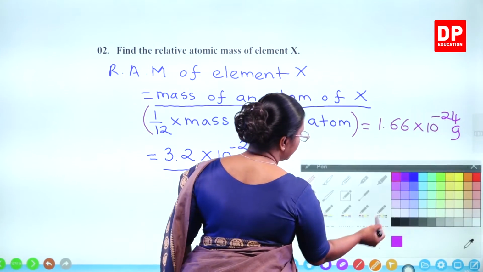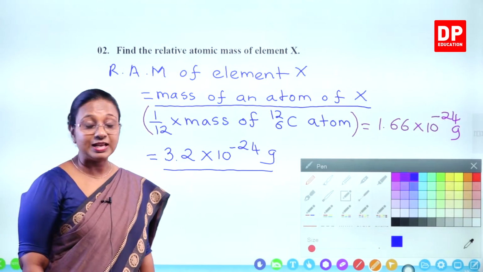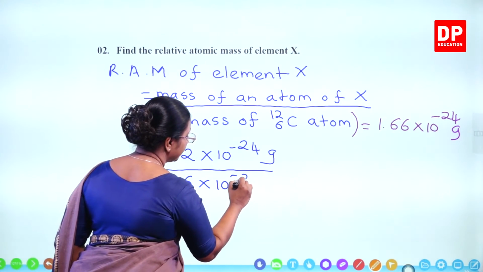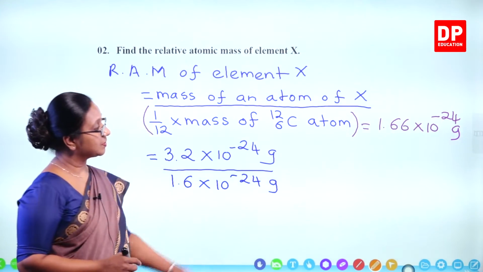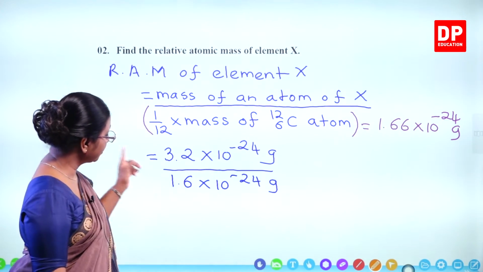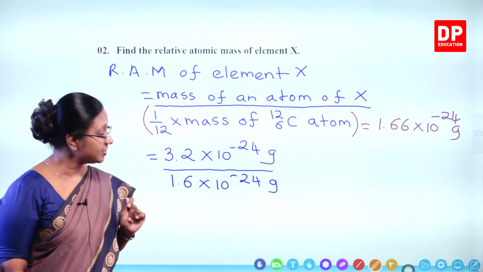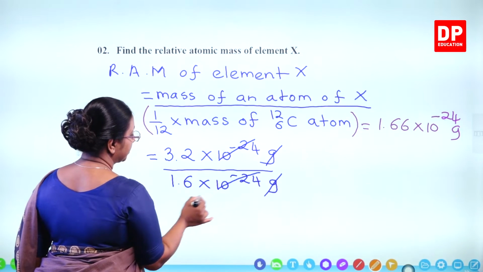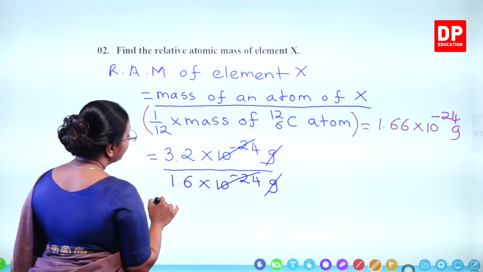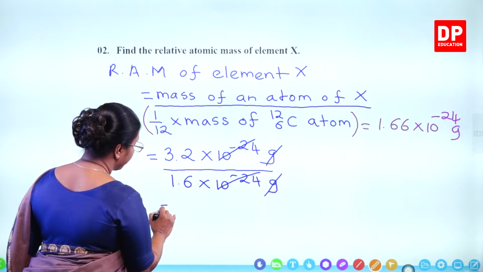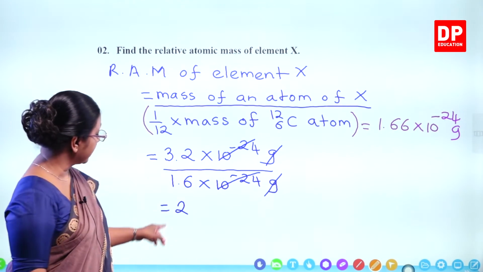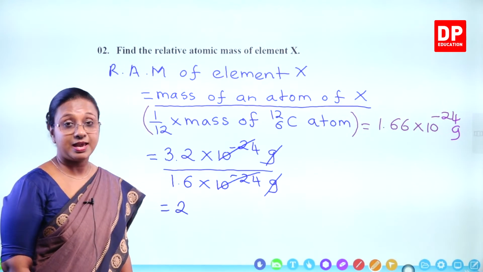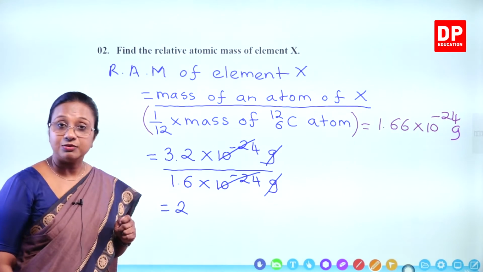That is given to you, so then we don't have to calculate it again. So I can directly substitute the value as 1.6 into 10 to the minus 24 grams. It's 1.66, but in the question they have given it as 1.6. So it's easy. Gram and gram cancel off, 10 to the minus 24 and 10 to the minus 24. When you divide 3.2 by 1.6, you get the answer as 2. 2 is the relative atomic mass of element X. So that is the calculation.